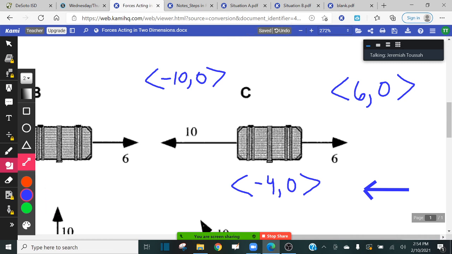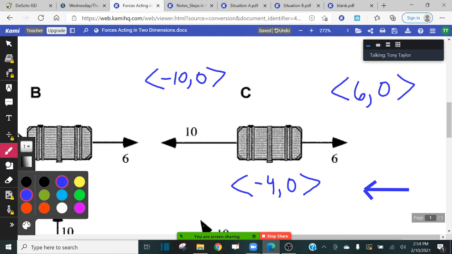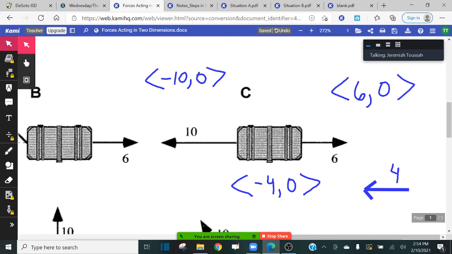Remember what magnitude is. Magnitude just refers to how long the force is. So here, this force is 4 newtons. So basically, if you just take 4 divided by your mass, you're going to get the magnitude of your acceleration. The mass in every situation is 5 kilograms.